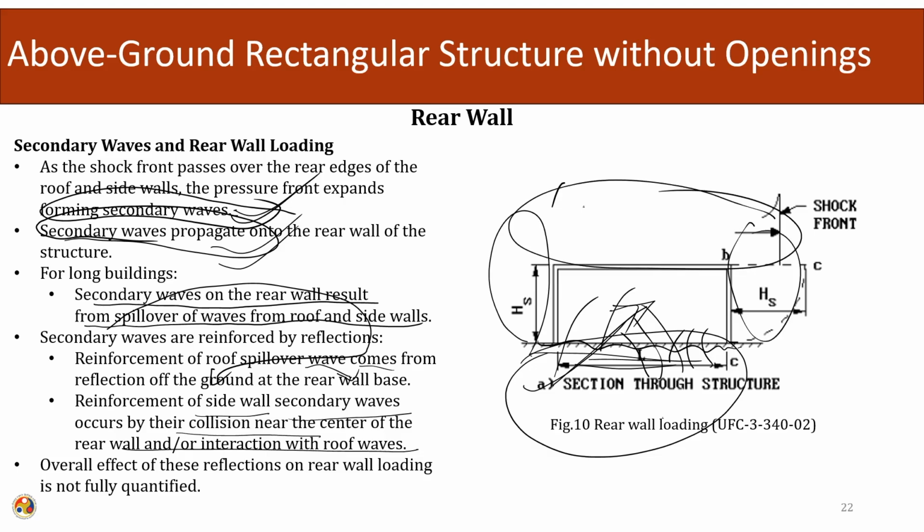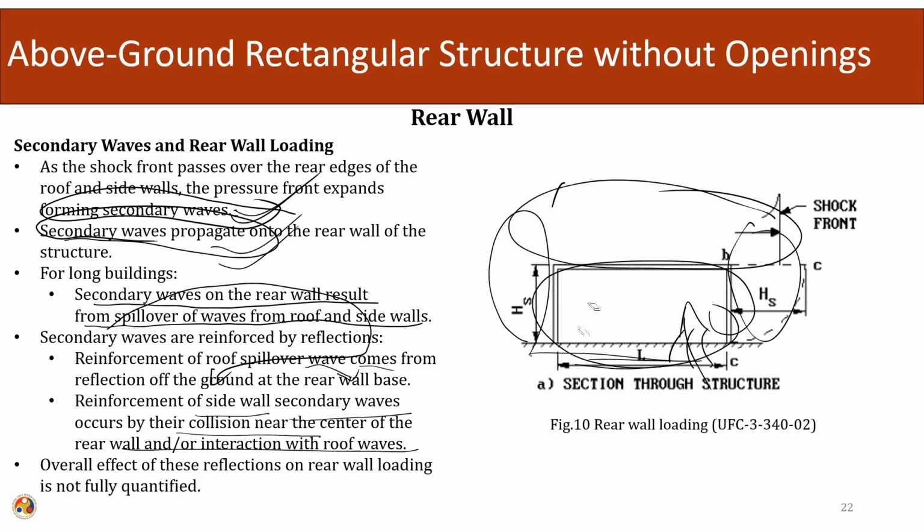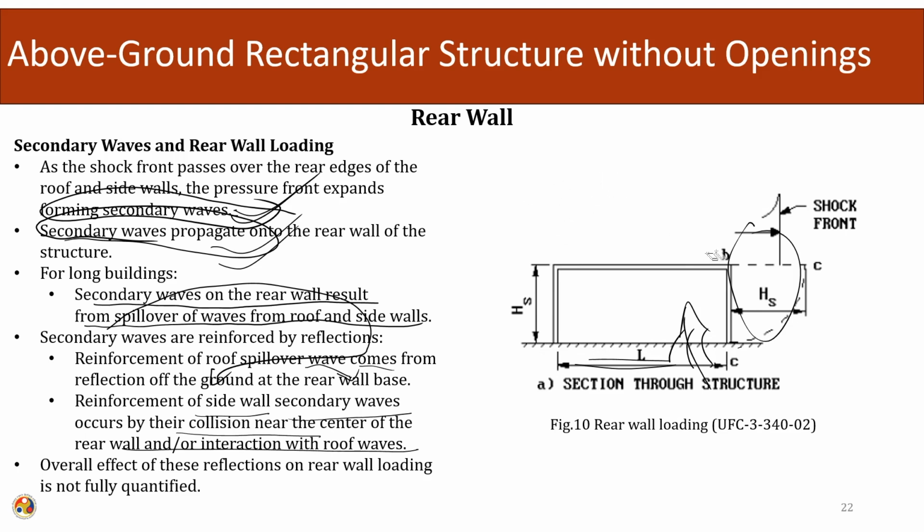All these things add up and reinforce the secondary waves which are hitting my rear wall. So, the secondary waves are reinforced due to interaction with the ground, and also due to the waves interacting from the side walls and the roofs.